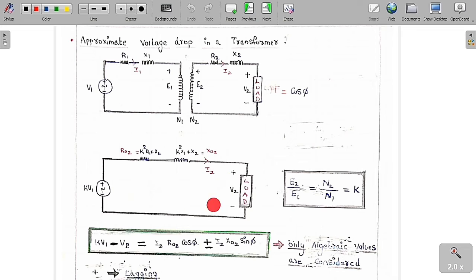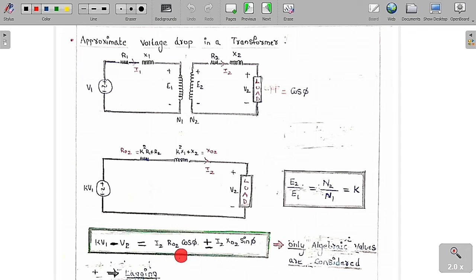Now if you see clearly, just take the algebraic values, not the phasor values. Then this voltage minus this voltage is nearly equal to I2, the secondary side current, into RO2 cos phi plus or minus XO2 sin phi. If I take I2 as common, this is I2 into RO2 cos phi plus or minus XO2 sin phi.